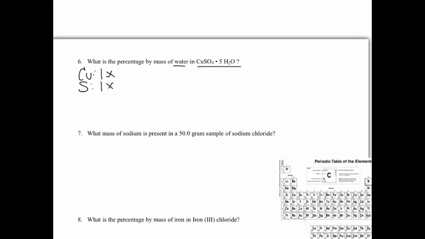Now the oxygen, because I know I'm going to look at this separate, I'm going to count these 4 oxygens together, and I'm going to count the water together as one thing. So for the oxygen in the copper sulfate, there are 4. And then the water, I have 5 of. So I'm going to put that there.